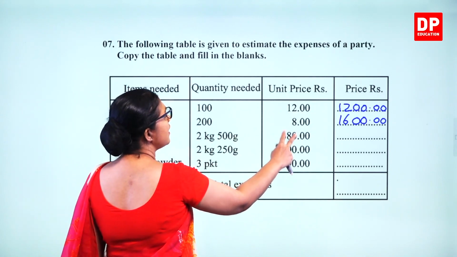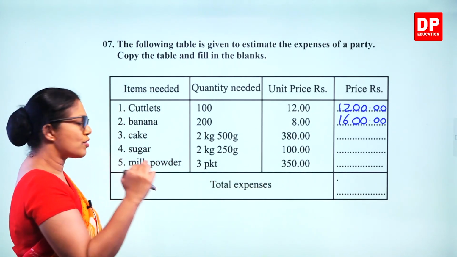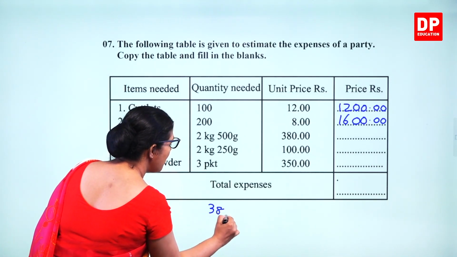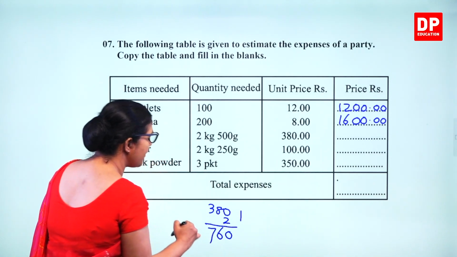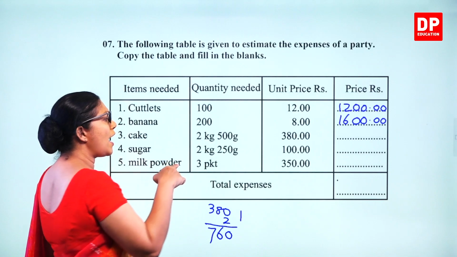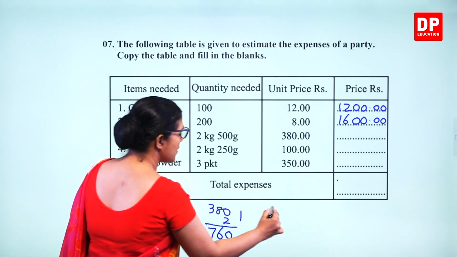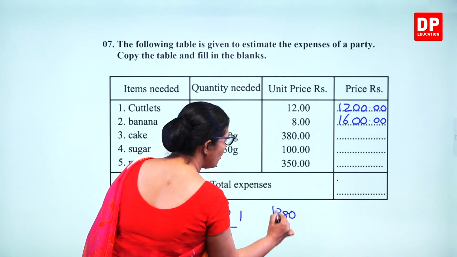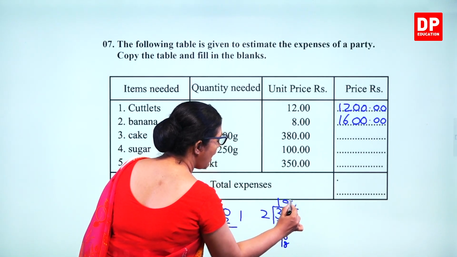This one, 1 kilo is 380. You need 2 kilos. So 380 multiplied by 2, 760. 1 kilo is 380. When you divide by 2, you get the value for 500 grams. 380 divided by 2, 190.